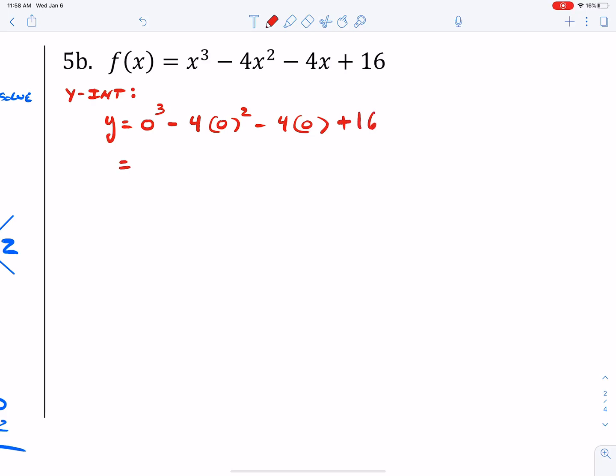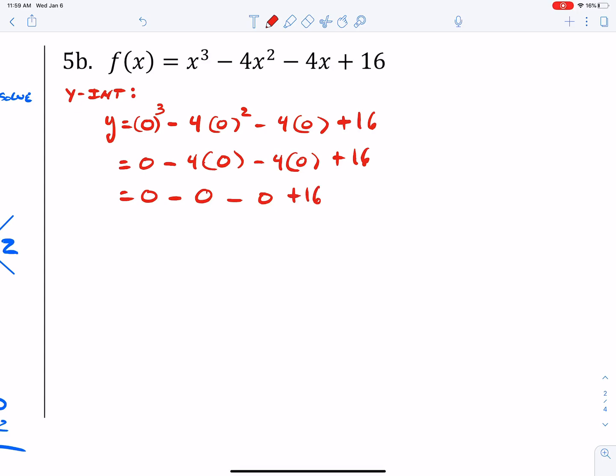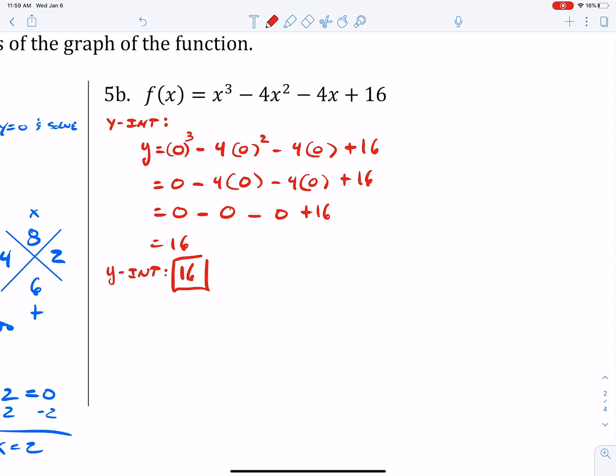Let's go ahead and simplify that. 0 to the 3rd power is just 0, minus 4 times 0 to the 2nd power, which is 0, minus 4 times 0, plus 16. Well, what we get is 0 minus 0 minus 0 plus 16, so that's going to equal 16. Thus, my y-intercept is 16. So that's the first part. That's probably the easiest part. Everybody should be able to do that one.